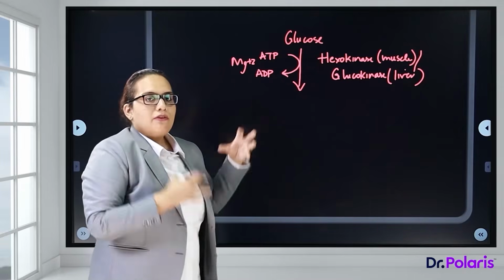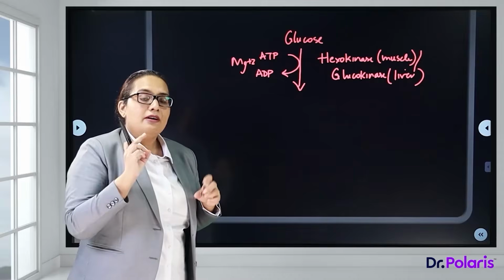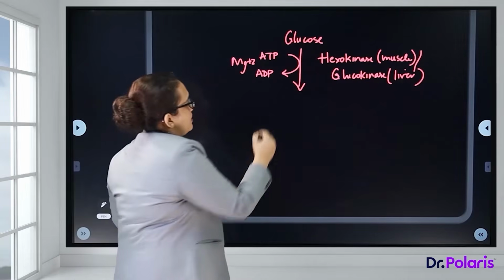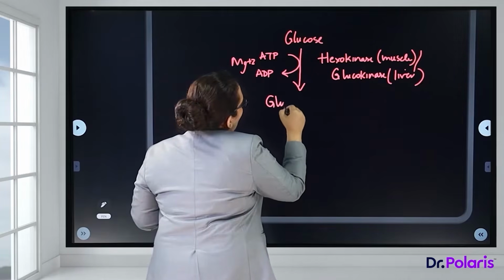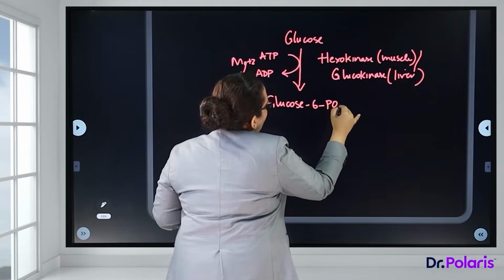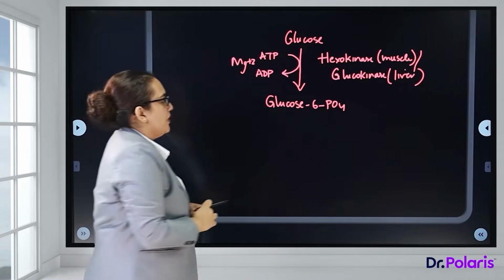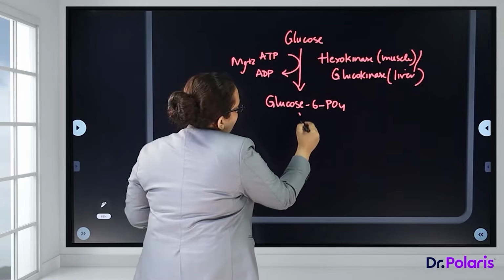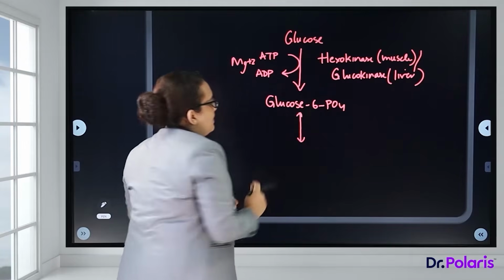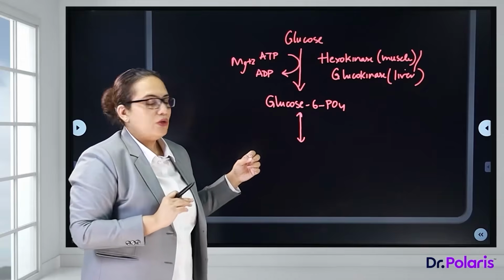So now the phosphate from ATP is donated to glucose, and the phosphate gets attached to this 6-carbon atom of glucose, forming glucose 6-phosphate. Now in the next step, the phosphate which is attached to the 6-carbon atom gets shifted to the 1st carbon atom of glucose.